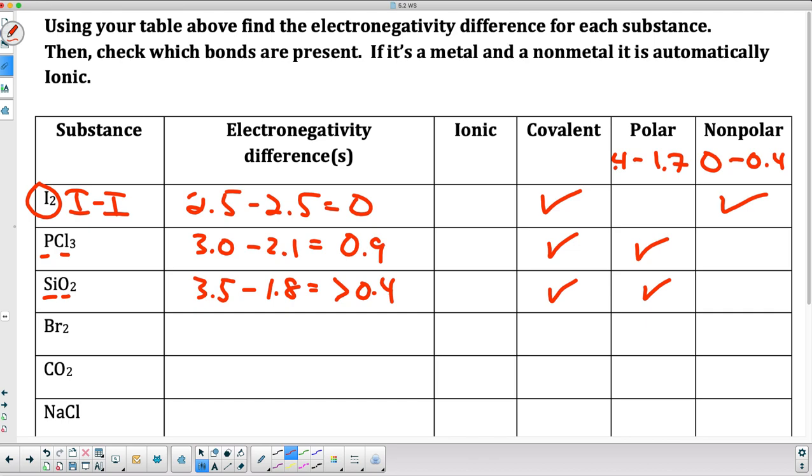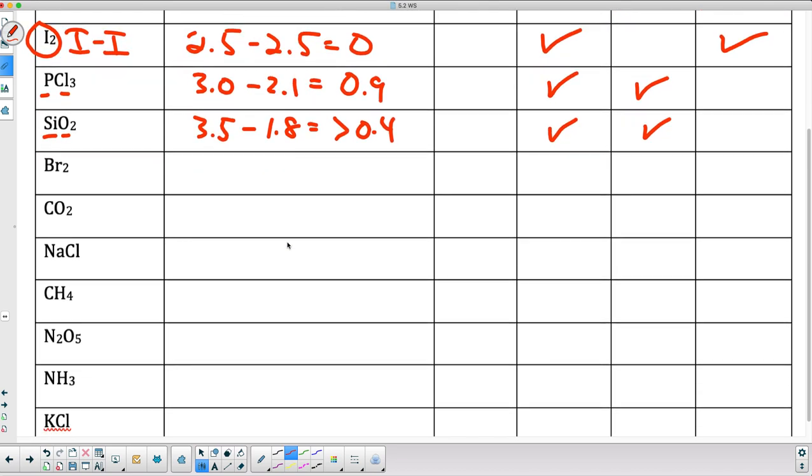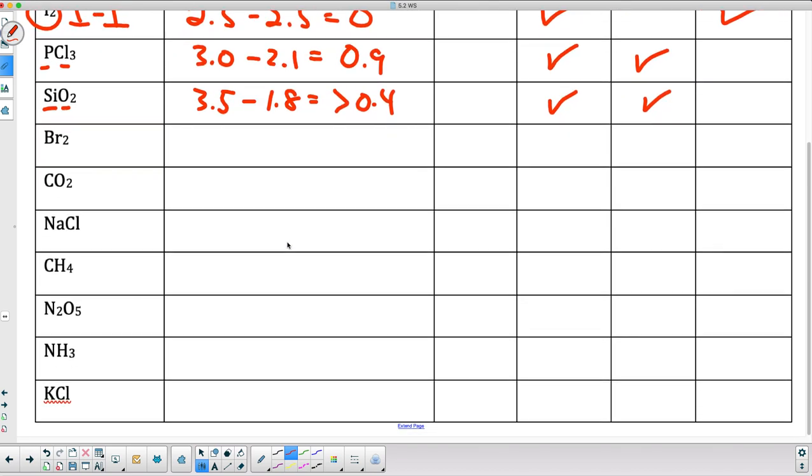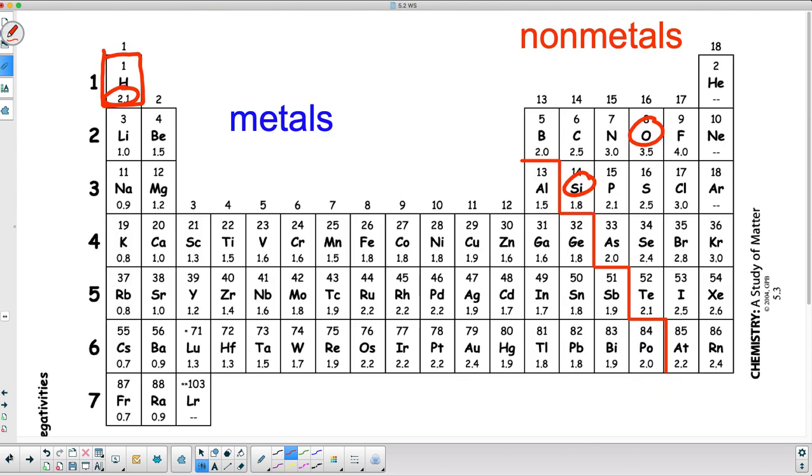So, let's take a look at one that's definitely going to be ionic, which means that I'm pulling from both sides. If I take a look at this one right here, I have Na and Cl, so I go back. There's my Na, firmly in the metals category, and my Cl is firmly in the non-metals.